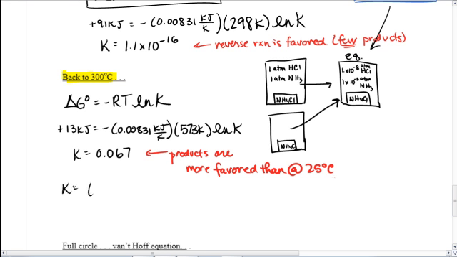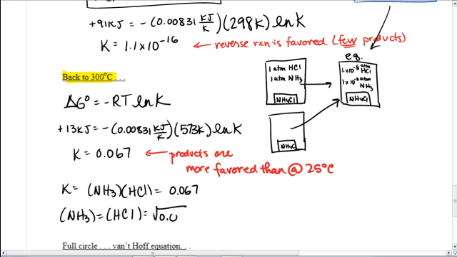We know that K is going to be equal to ammonia times HCl, and that's going to be equal to 0.067. And it's still a 1-to-1 ratio, so the partial pressure of ammonia is going to be equal to the partial pressure of HCl, that's basically x squared. And so you take the square root, and what you end up with is 0.26 atmospheres.